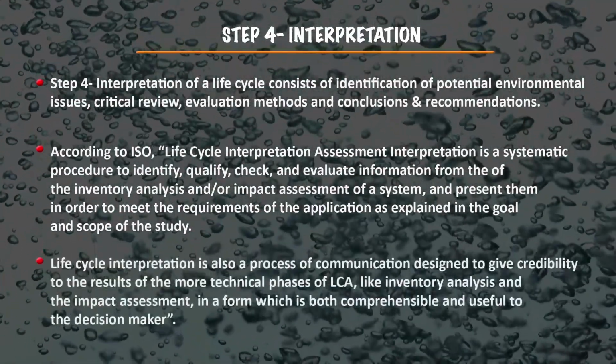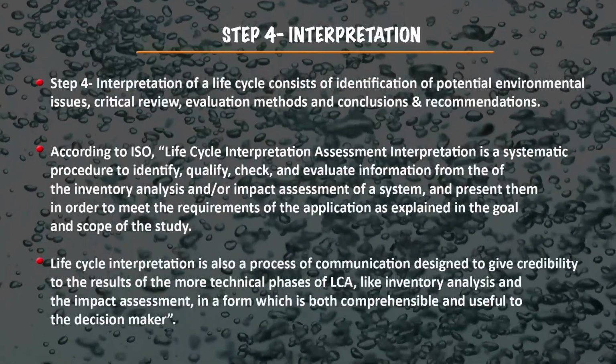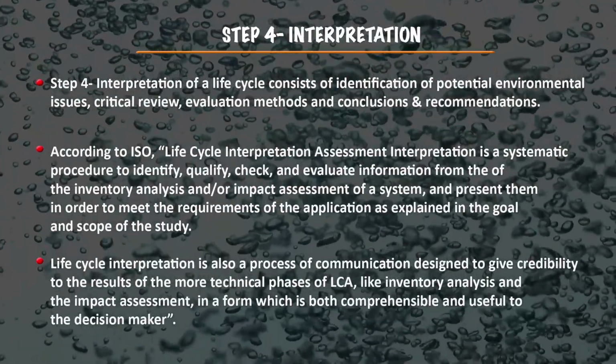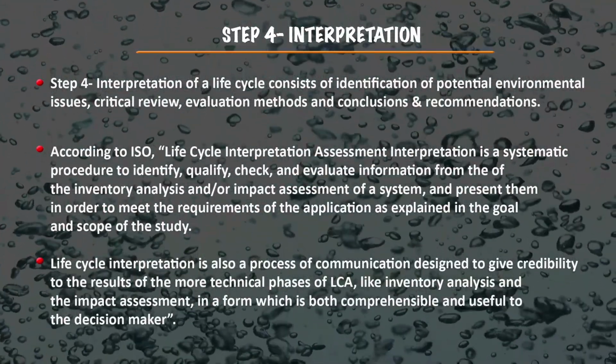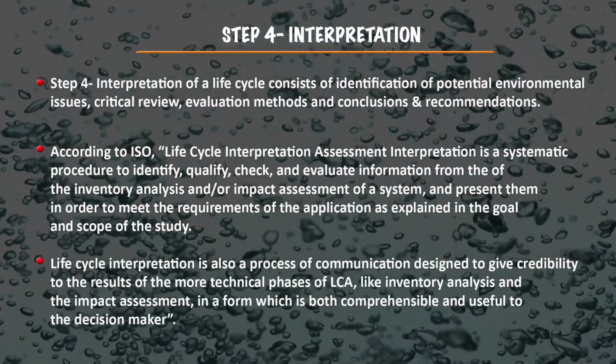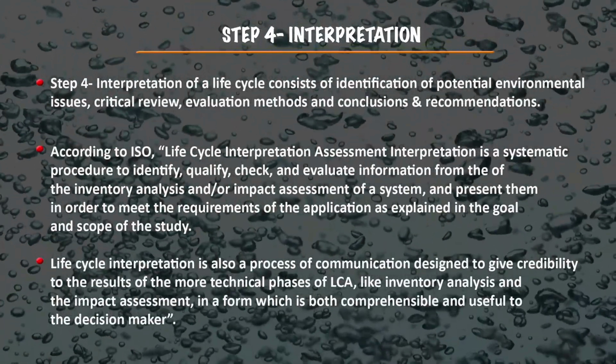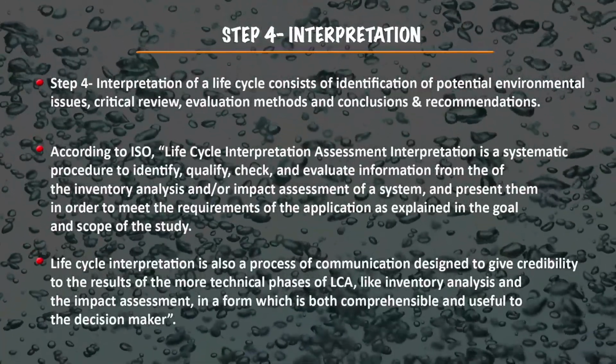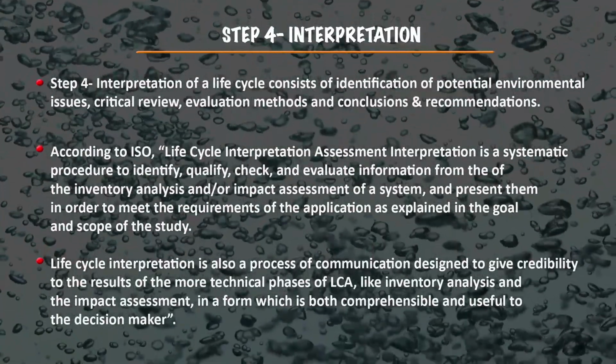This interpretation is also a process of communication designed to give credibility to the results of the more technical phases of LCA like inventory analysis and impact assessment, in a form which is both comprehensible and useful to the decision makers.